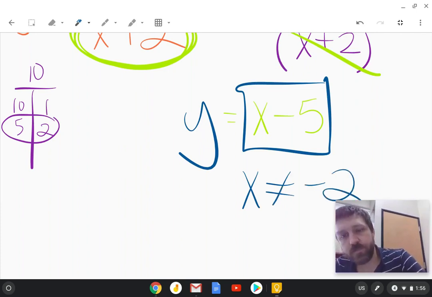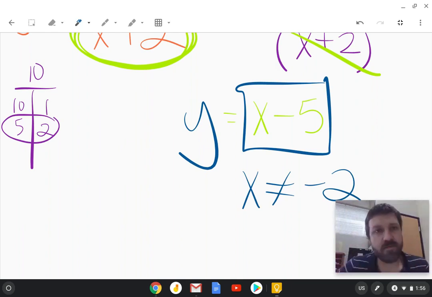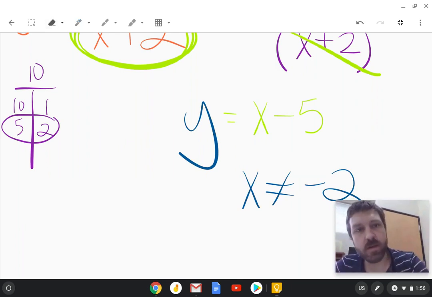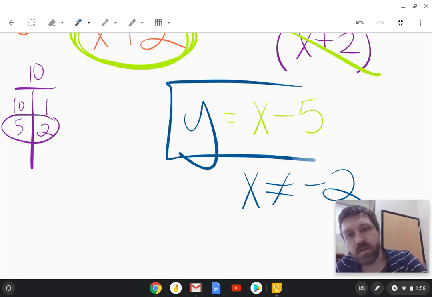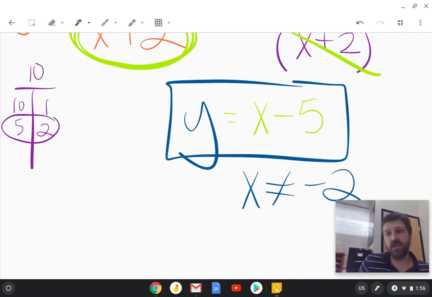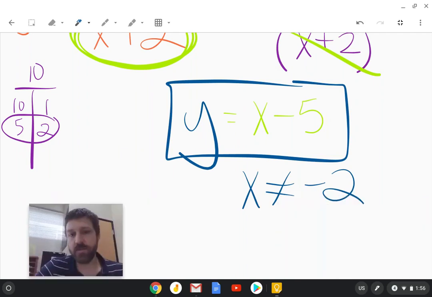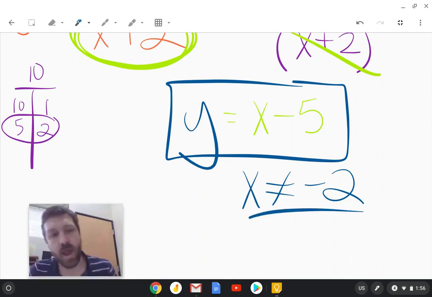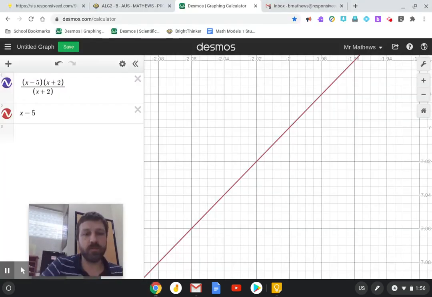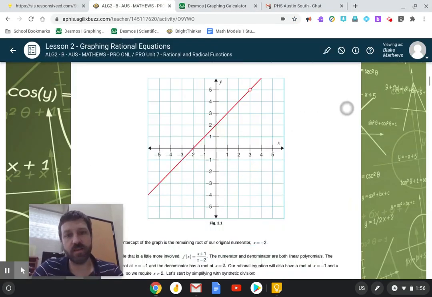In other words, you can have all of the values of x minus 5 except at negative 2. And this is how you would write that mathematically. But what you need to understand is that on the graph, it looks like a hole in the graph at that point. So let's jump over to our lesson and see what this actually looks like.